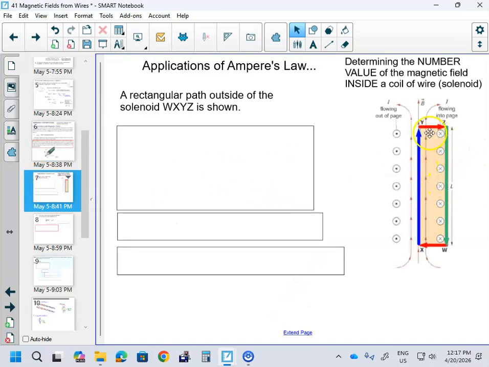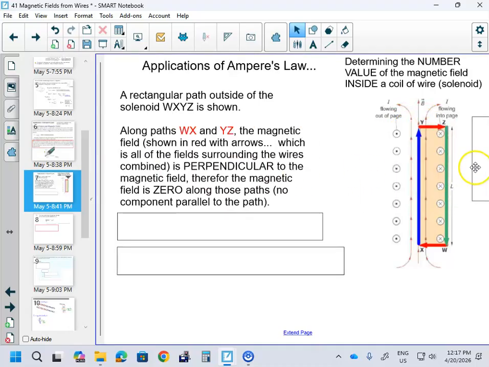So we've got a solenoid or a coil of wire. In this coil of wire, picture the wire going around and around. The current's going out here and in and out and in, and that's what you're looking at there, a diagram of a cross section of it.